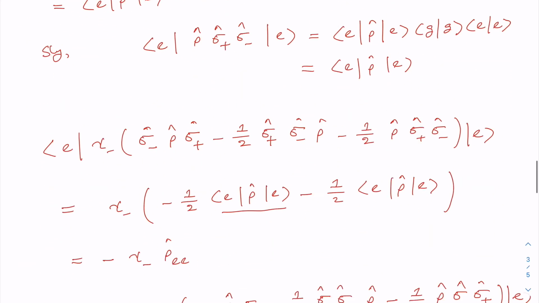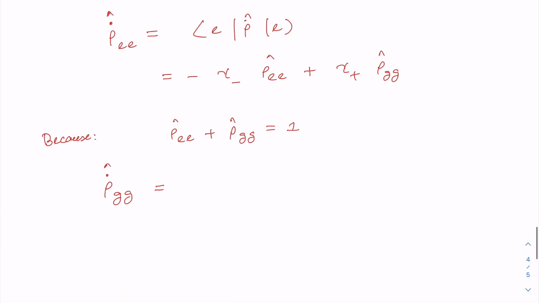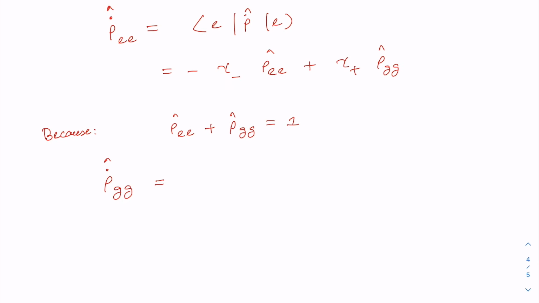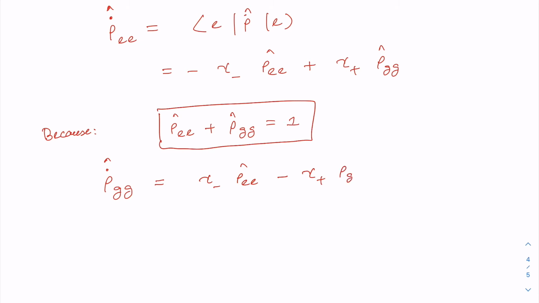So the time evolution of this particular element rho ZZ, because of this relation, would simply be gamma minus rho E E minus gamma plus rho ZZ. Okay, so these are the two relations we get.